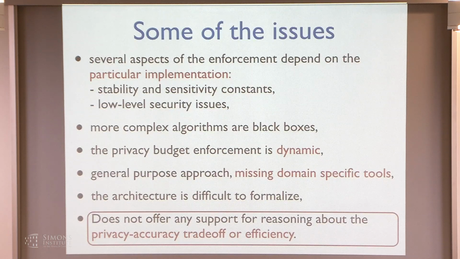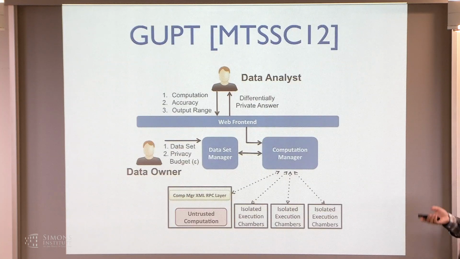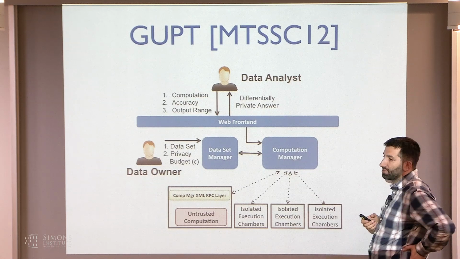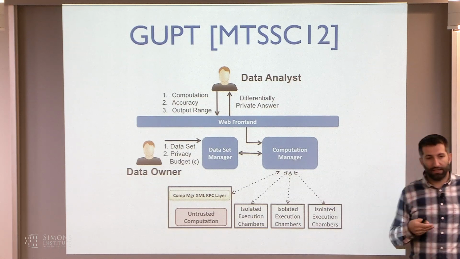And finally, the other main issue, for me, that Pink has is that it doesn't provide any support for reasoning about the privacy-accuracy trade-off. Some other groups have tried to address this. For instance, Gupt, which was developed here, provides a way to give information also about the accuracy of each analysis.